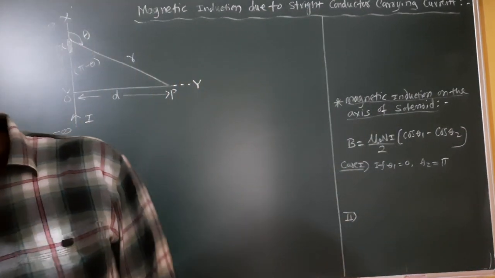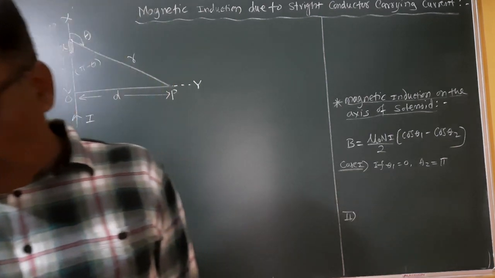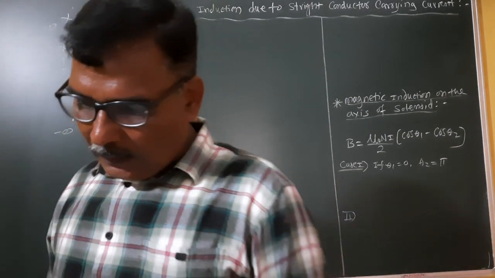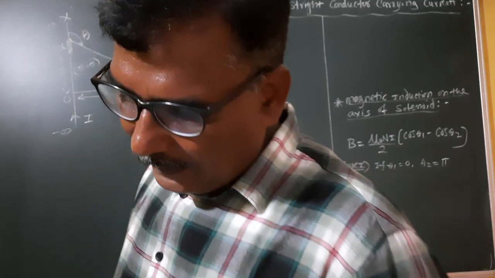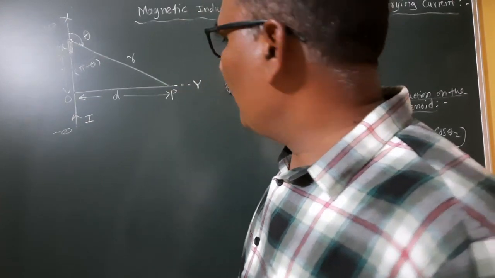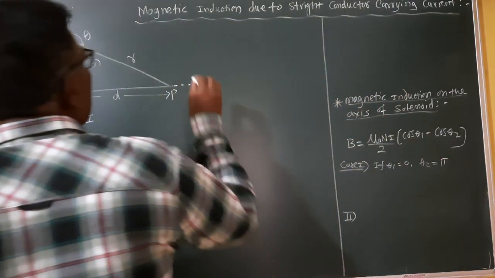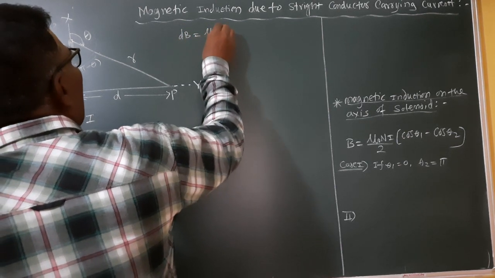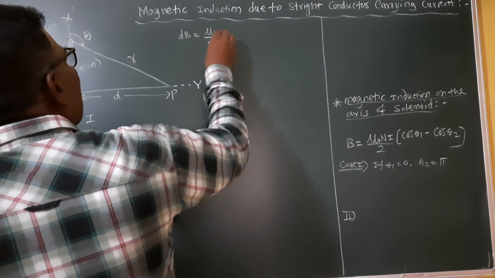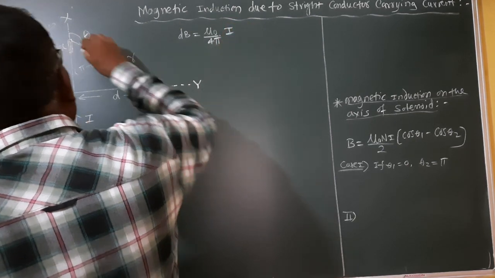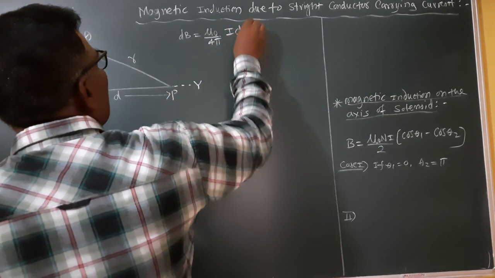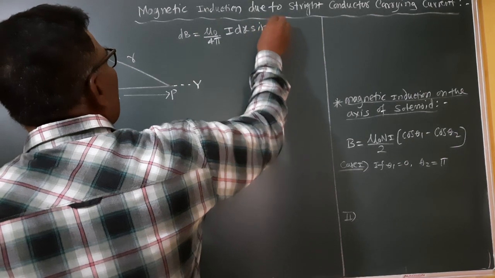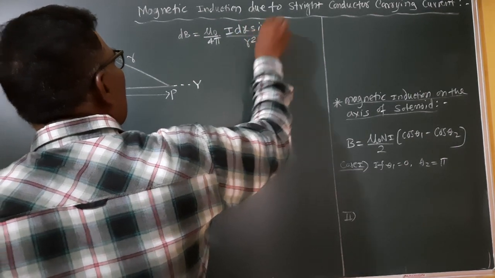So according to the Biot and Savart law, the magnetic field due to the current element I dx at point P is dB equals mu 0 upon 4 pi, I into dx sin of theta divided by r square.